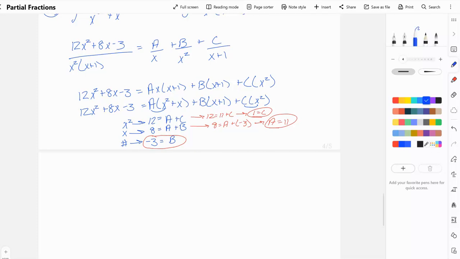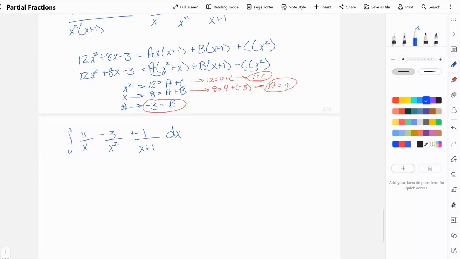So then what I really need to integrate would be when I plug A, B, and C into this broken down piece. So 11 over x minus 3 over x squared plus 1 over x plus 1. So I'm thinking about integrating each piece separately.